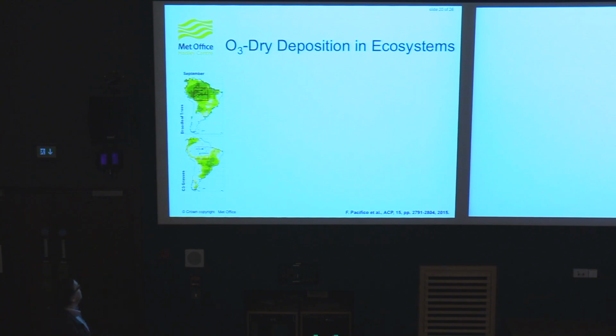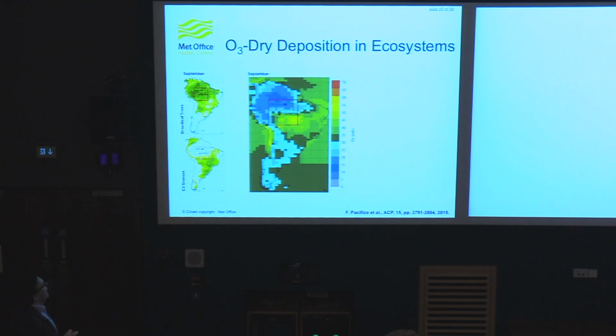So we were looking at the impact of forest fires on atmospheric composition, on ozone production specifically, and how much that extra ozone produced through the forest fires can actually damage the functioning of the Amazon ecosystem?